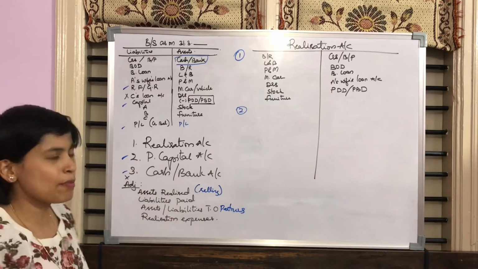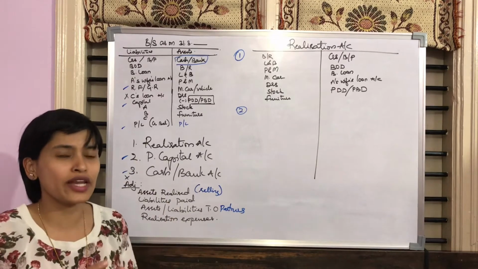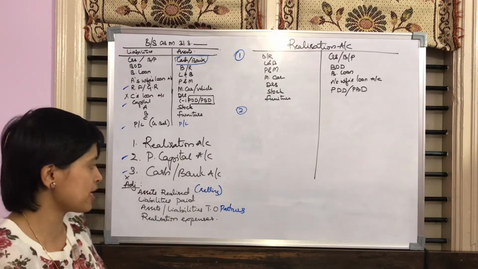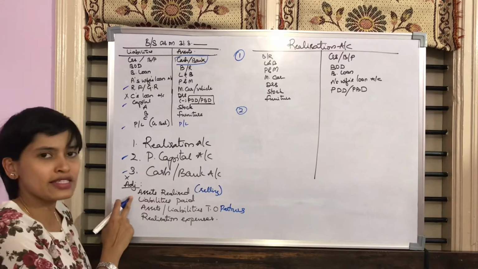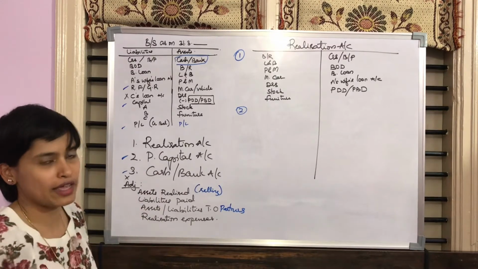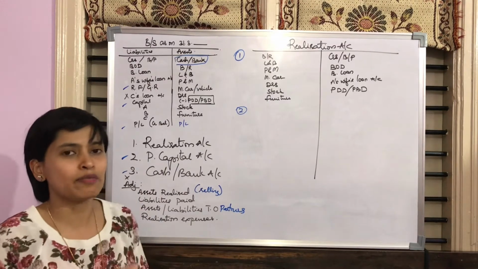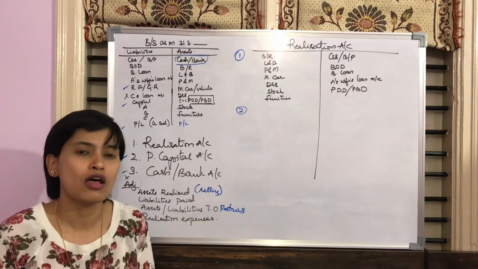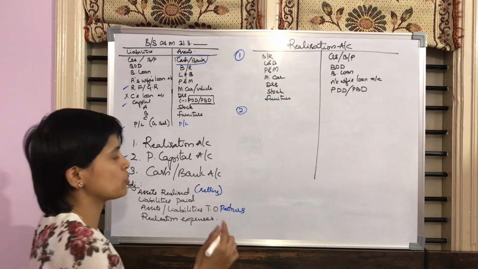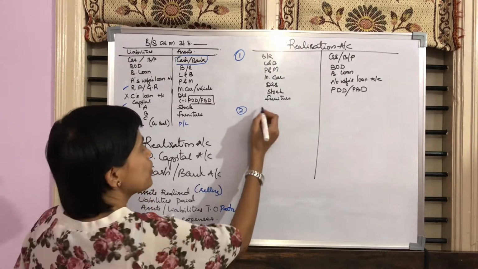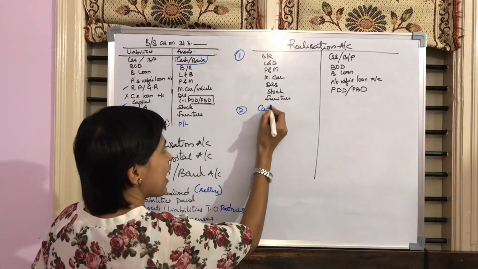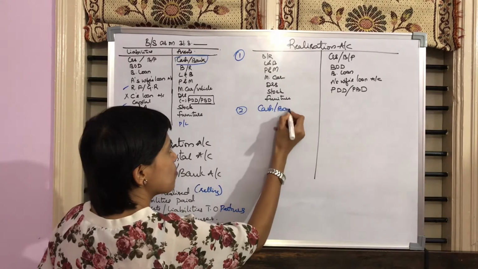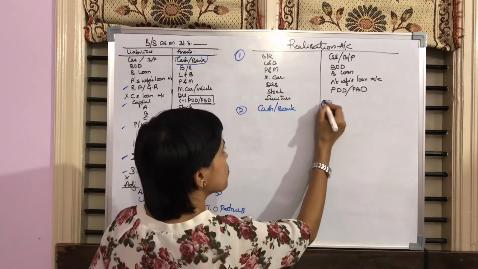Now in step number 2, you need to read the adjustment which will speak about assets realized and payment of liabilities. Selling and payment, all this should happen through the cash or bank account. So in step number 2, you are going to write cash or bank account on both the sides.